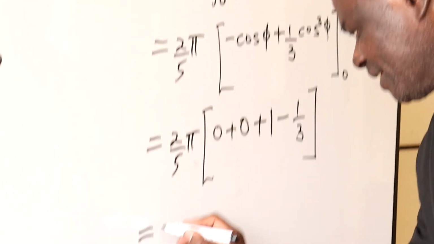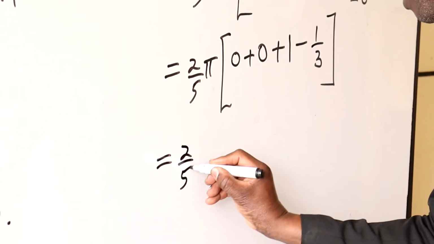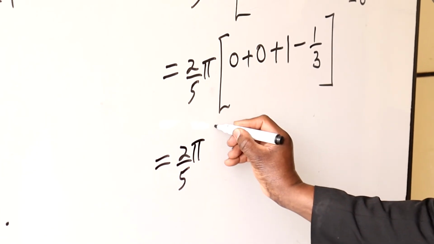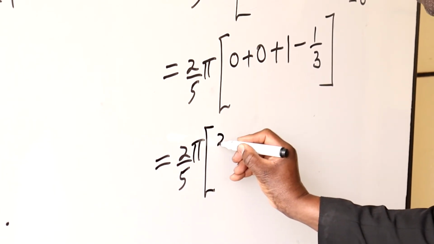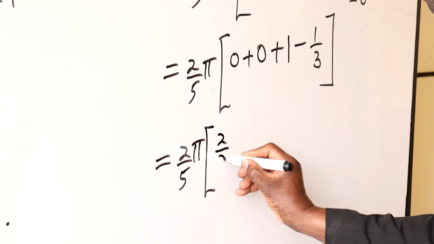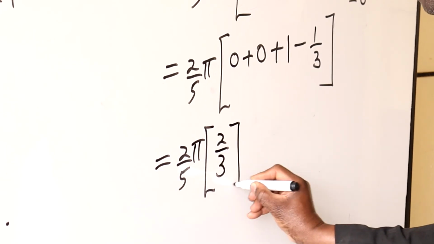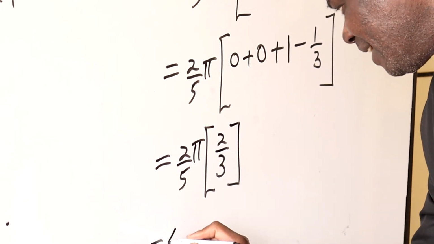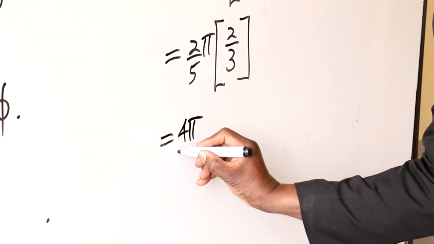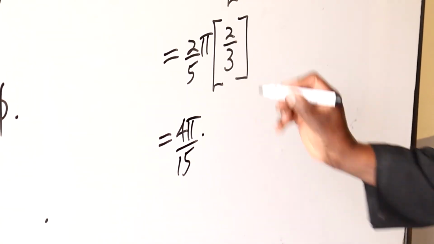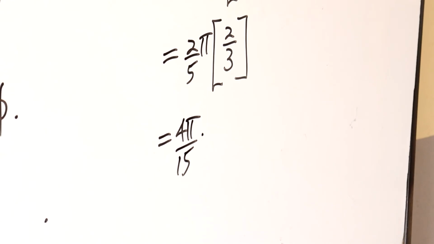So the answer here is 2 all over 5 pi multiplying 2 all over 3. So the answer is 4 pi all over 15.